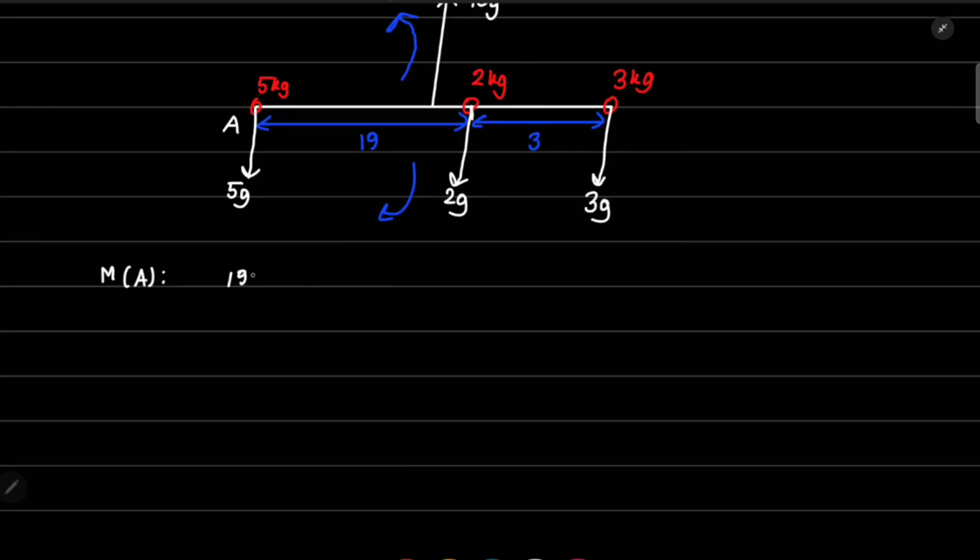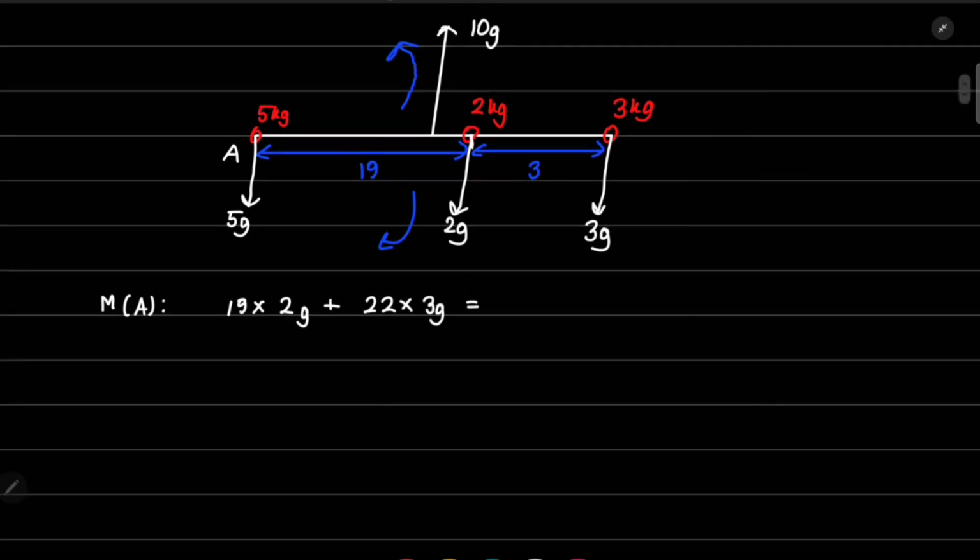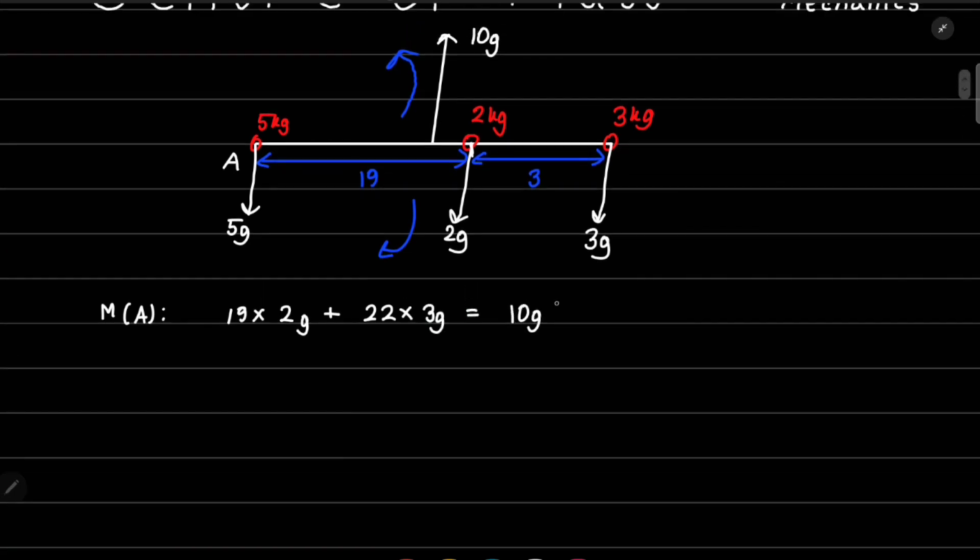So we'll have 19 times 2g plus 19 plus 3, so this distance over here is 19 plus 3, or 22, times 3g. This will be equal to 10g times the distance. So this distance over here is the distance of the center of mass from point A.